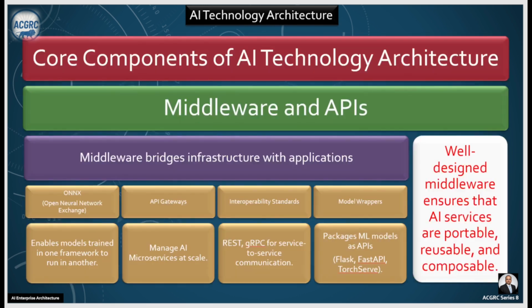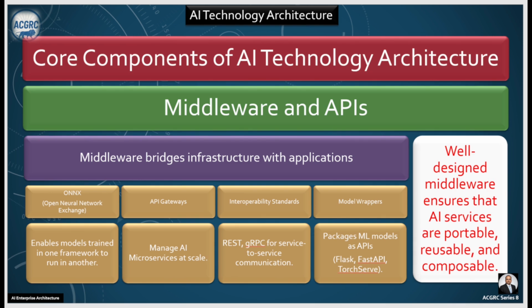Middleware and APIs. Middleware bridges infrastructure with applications. We have the Open Neural Network Exchange, which enables models trained in one framework to run in another. Then you have API gateways, which manage AI microservices at scale.